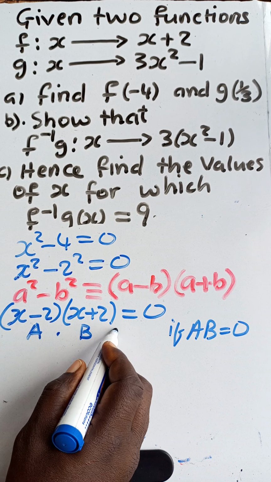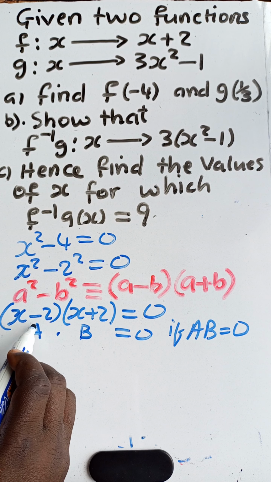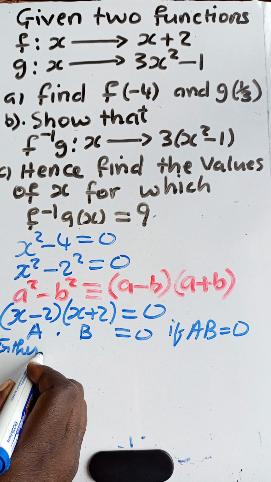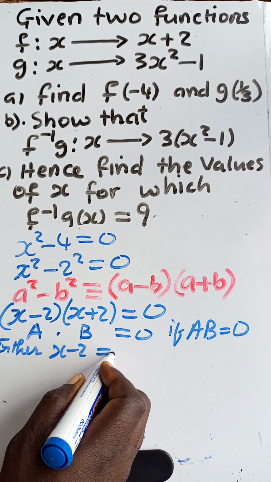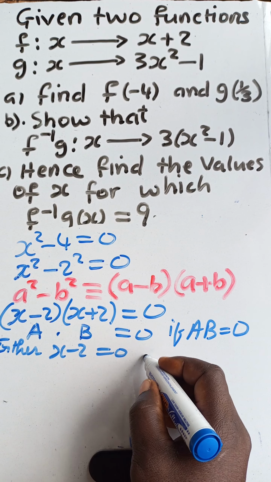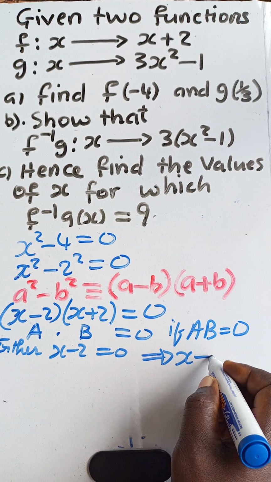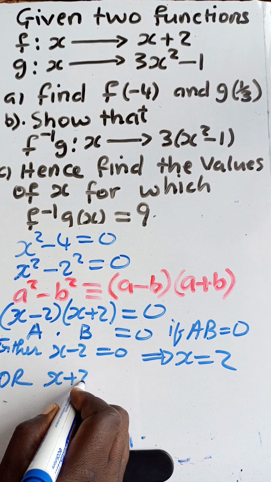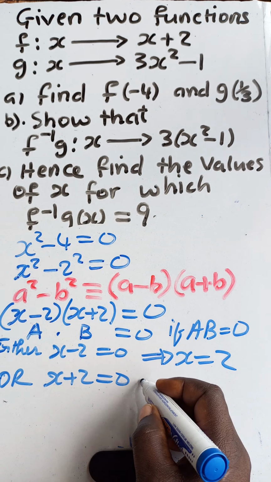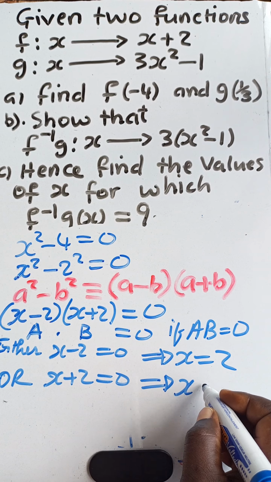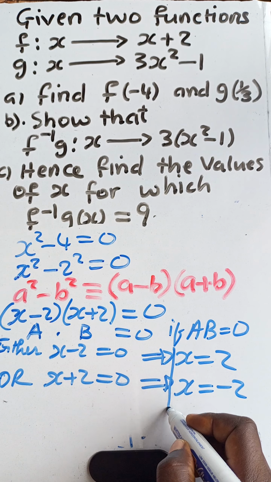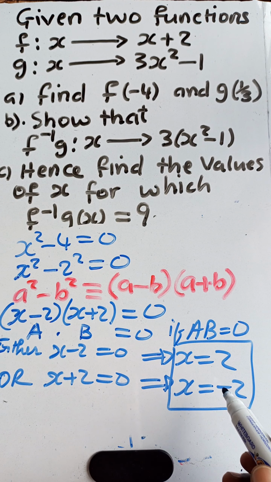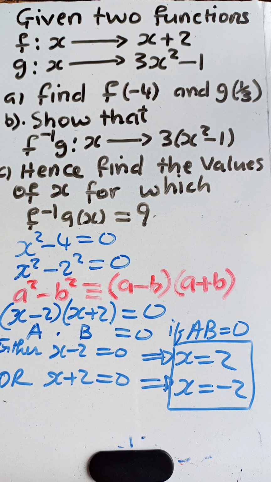So their product giving us 0 means either this is 0 or this is 0. So we say either x minus 2 is 0, which means x is equal to 2, or x plus 2 is 0, which also means that x is equal to negative 2. So here again, we have the same solutions: x equals 2, x equals negative 2.